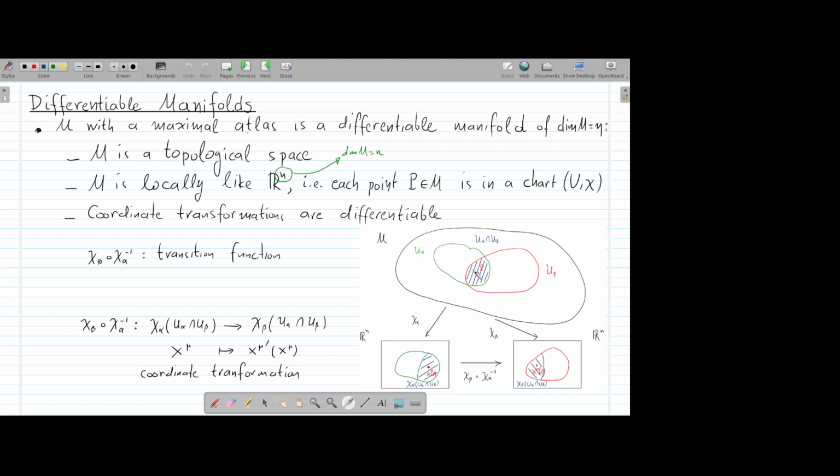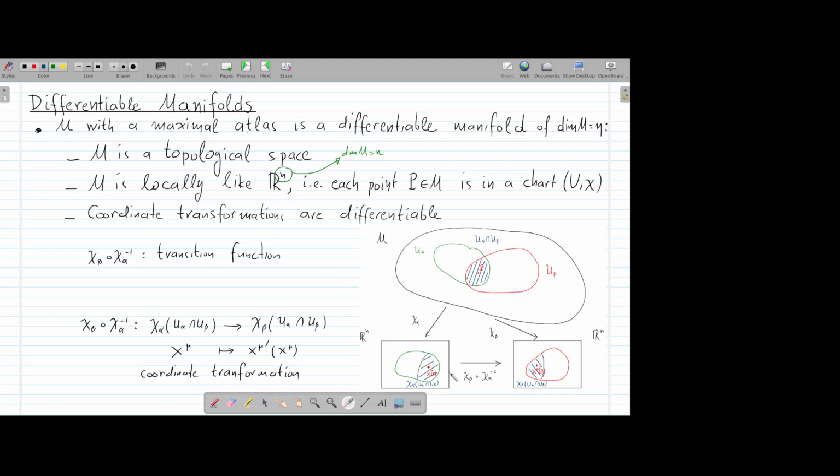Since P belongs to both of them, the intersection here is an open set. That comes from the definition, by requiring that M is a topological space. If we restrict those maps, chi alpha and chi beta, onto this intersection, then we obtain an image that is restricted to those sets shown here.